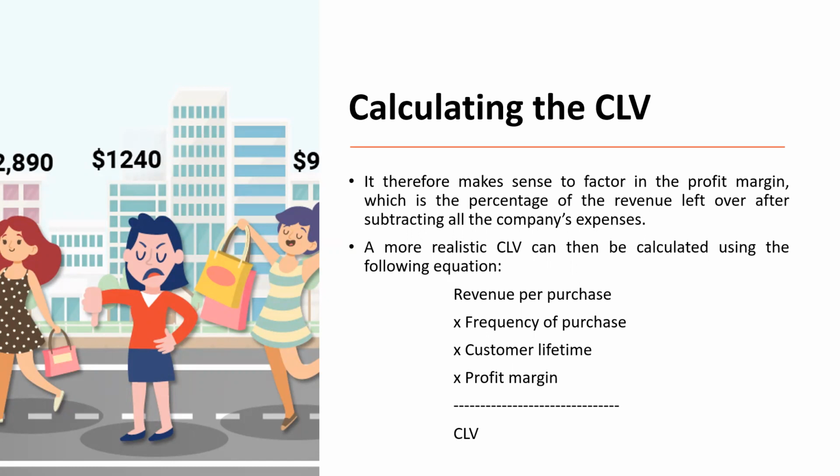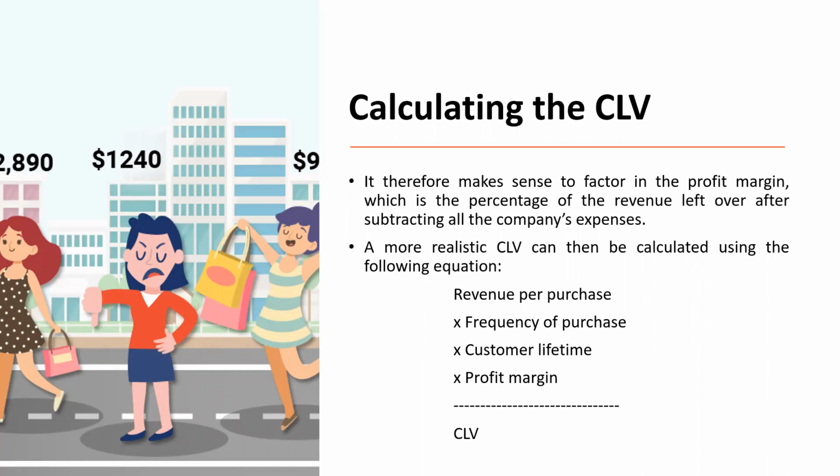That's what I call the profit margin. So in my formula, where I computed revenue per purchase, frequency of purchase, and customer lifetime, I also bring in this factor, profit margin, so that I convert this CLR, customer lifetime revenue, to customer lifetime value.